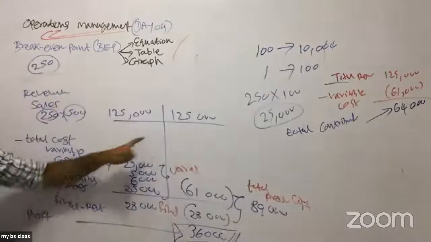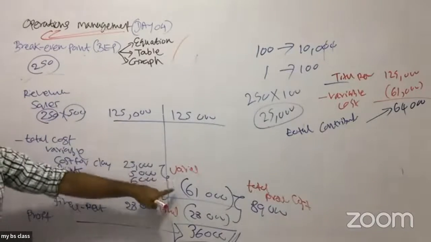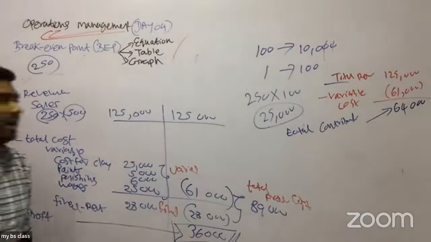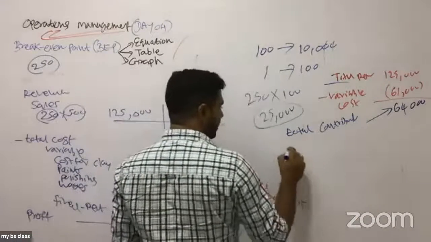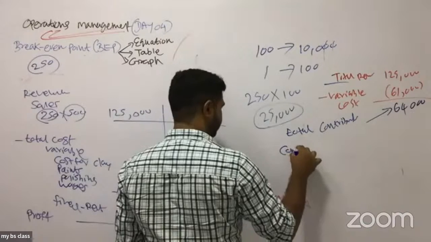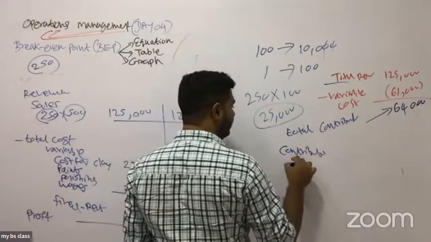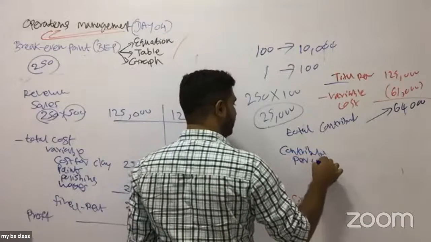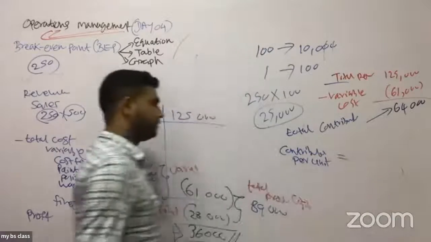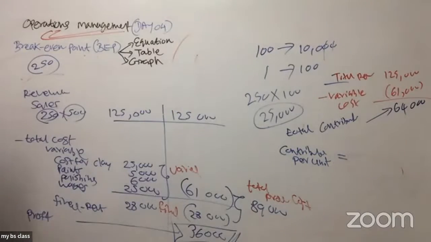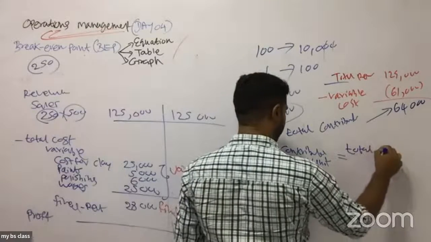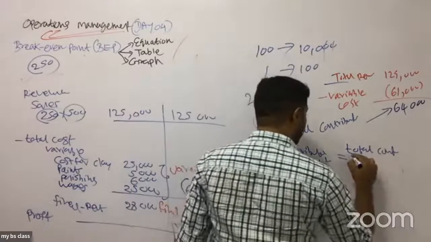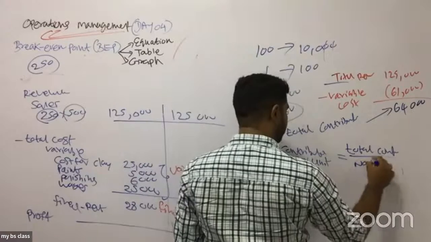Why? Because from the total revenue we deduct the total variable cost. Now if in case we need to calculate contribution per unit, right, then your total contribution you can divide by the number of units, no doubt.